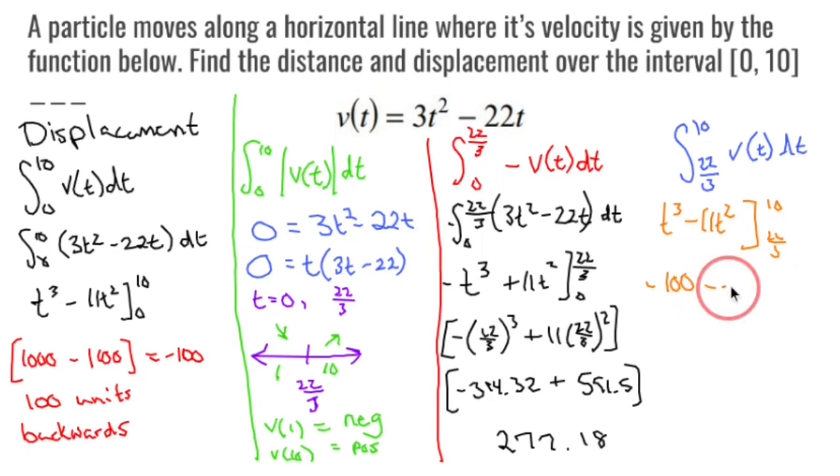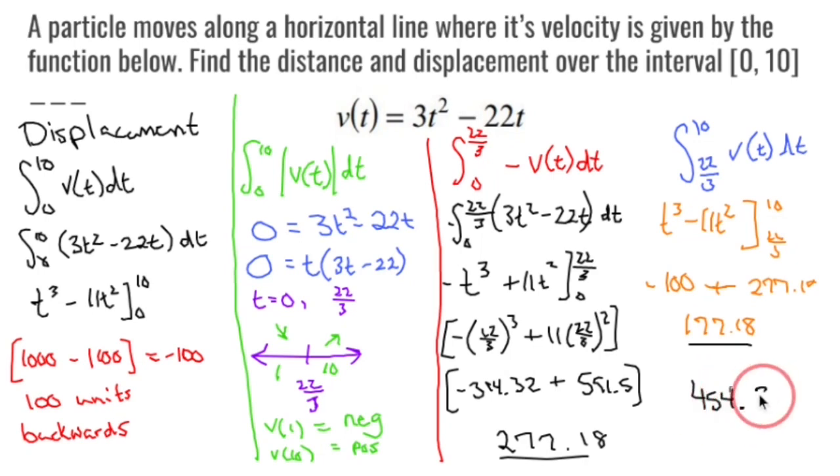So I would get minus 277.18 for this one, which is a double negative, becomes a positive 177.18. So my final distance traveled is found by adding them together, 177.18 plus 277.18. It's 454.36. And that's your guy.